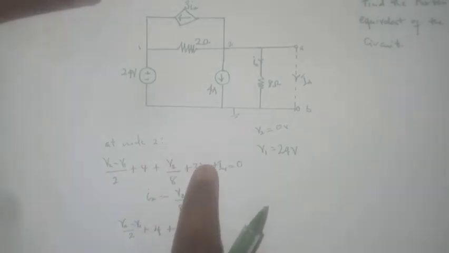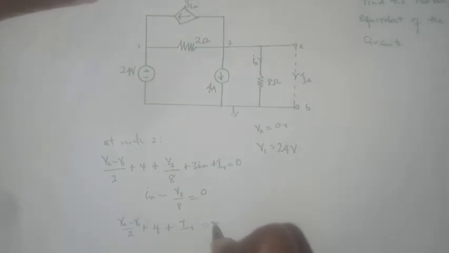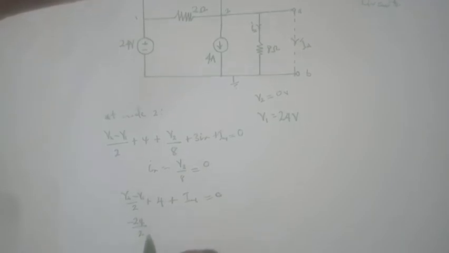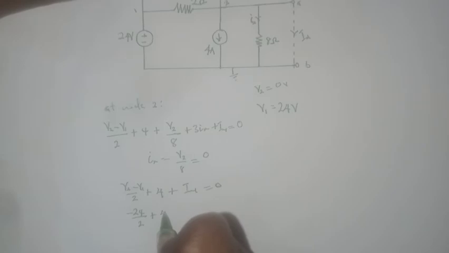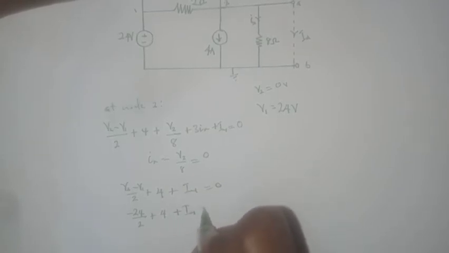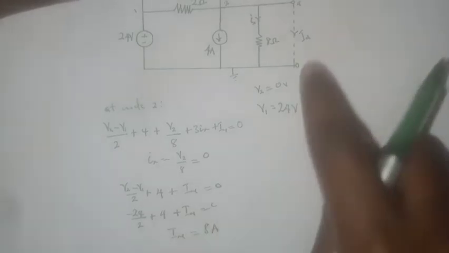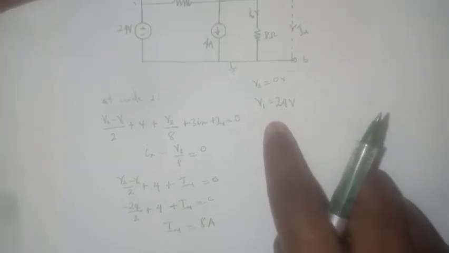We got rid of this and this, and we have minus 24 over 2 plus 4 plus I_N equals 0. So that will be minus 12, so I_N is equal to 8 amperes. I_N flows in this direction.